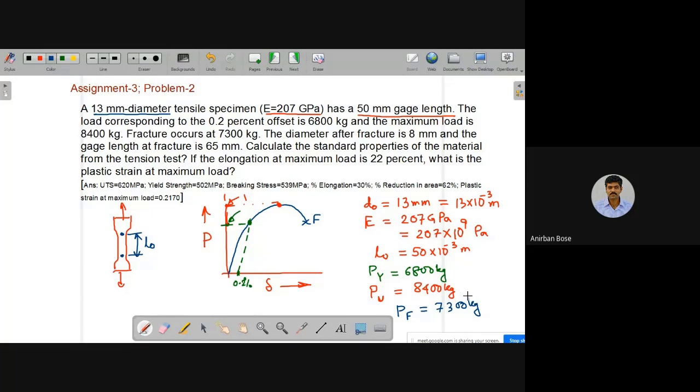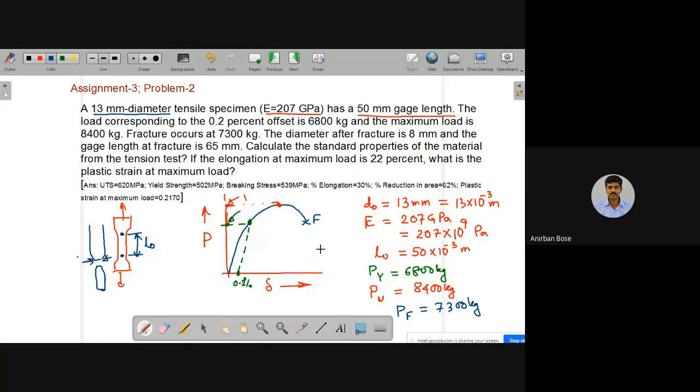Okay, and the diameter after fracture is 8 millimeter. So it is possible to find out the diameter after fracture. You know that when the fracture takes place, after that if you calculate the diameter, that is the final diameter.